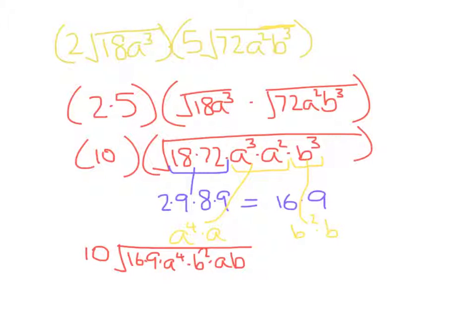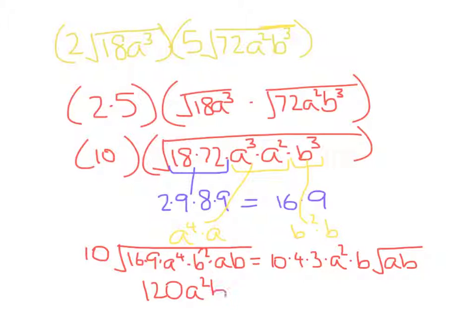So we can bring them out from under the radical, giving us 10 times 4 times 3 times a squared times b, and then we keep the ab here. And so that just simplifies to 120 a squared b times the square root of ab.